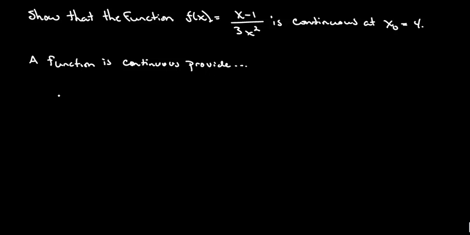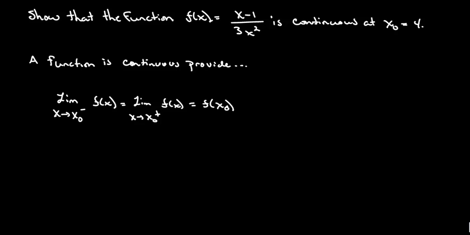You show that the limit as x approaches x naught from the left of that function is equal to the limit as x approaches x naught from the right of that function, which is equal to the function at x naught.